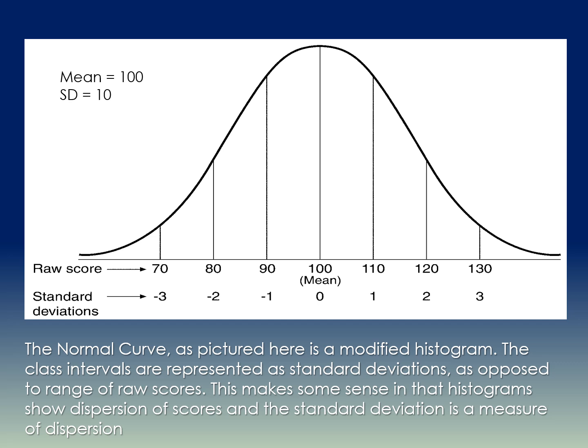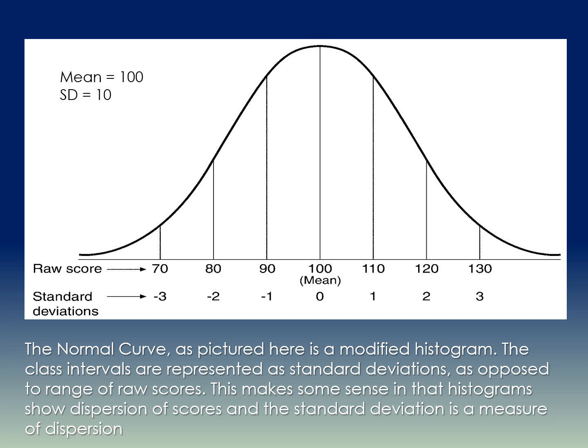Before we get into the further nuances of the normal curve and explain what it is and how it works, I want to describe it a little bit further, and I want to describe it as a special type of histogram. Now with histograms, at least the ones that we've done in class, what we would do is we would create a class interval based upon a range of raw scores, and then we would post those raw scores in terms of those rectangles, so to speak, and we would see this distribution of class intervals.